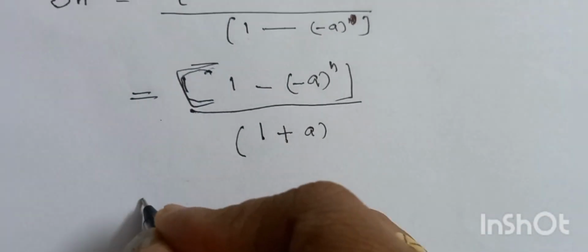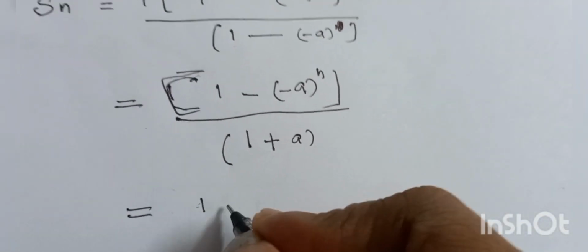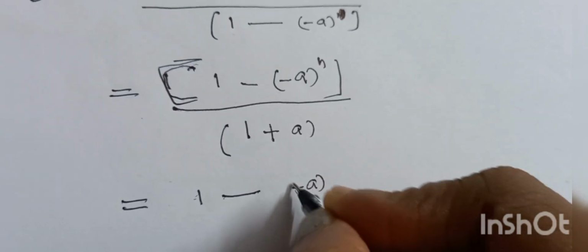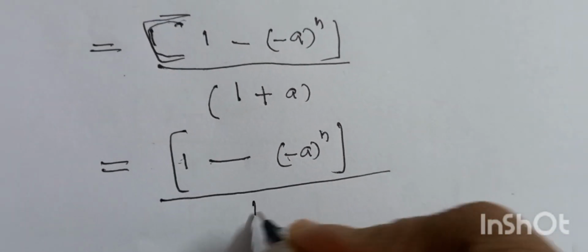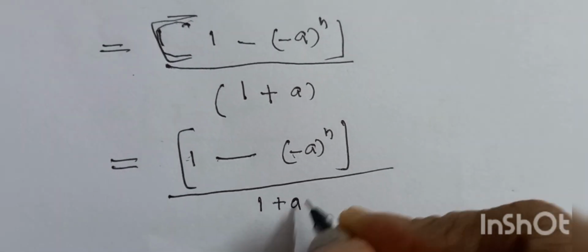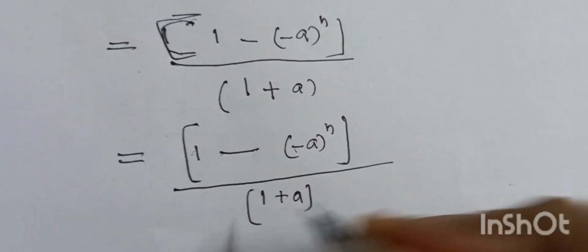So 1 minus into minus, this become plus a. 1 plus a we get. So the final answer is 1 minus a to the power n, close the bracket, all divided by 1 plus a. This is the final answer.